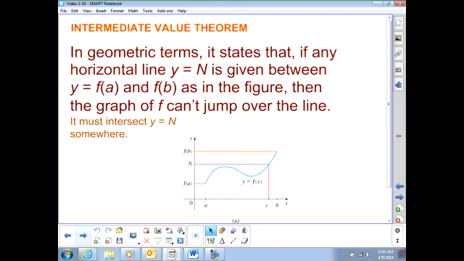Another way to think of it is the function, because it's continuous, can't just jump over a y value. So say if f of a was 1 and f of b was 5, that means our function in between the x values a and b must hit every y value in between 1 and 5.